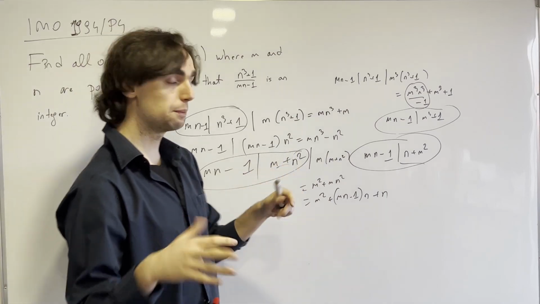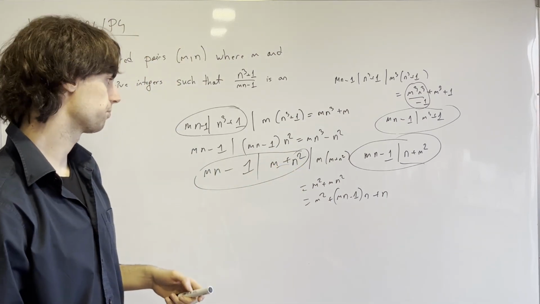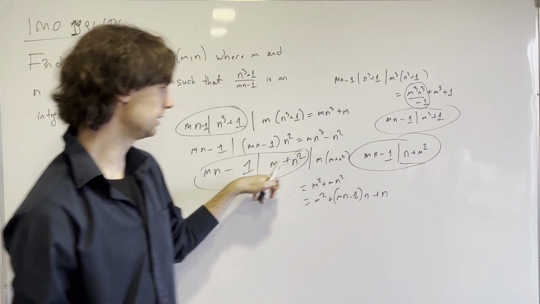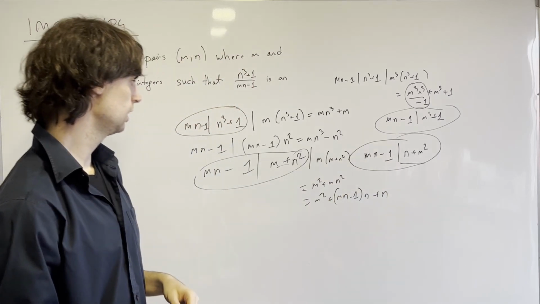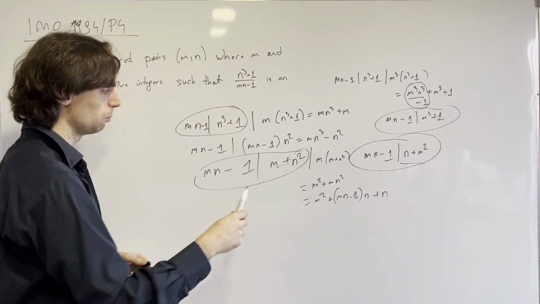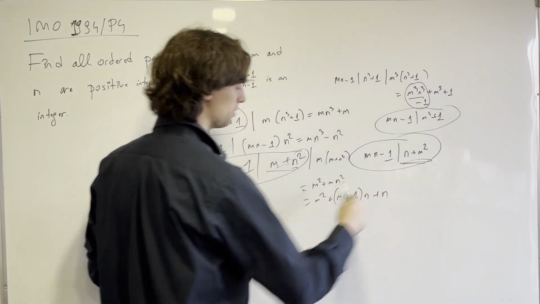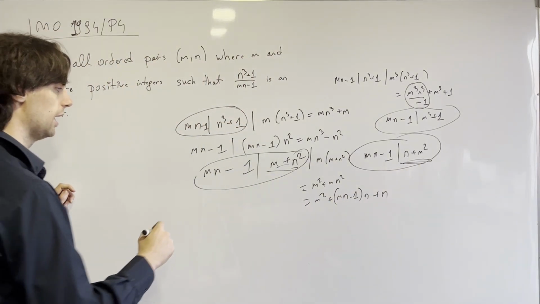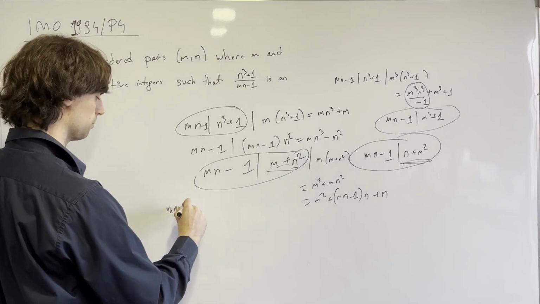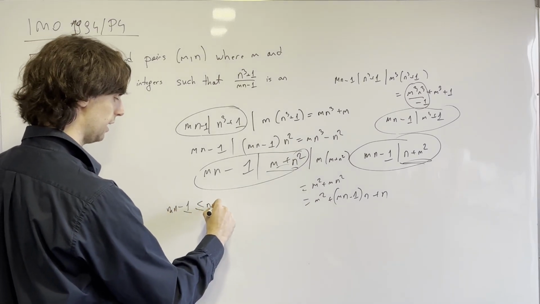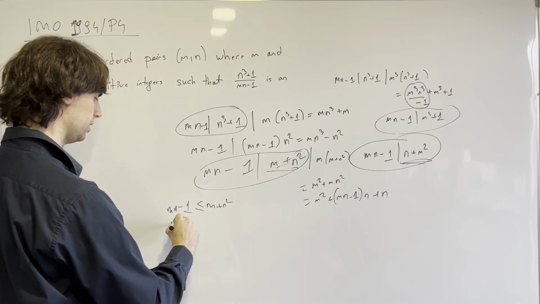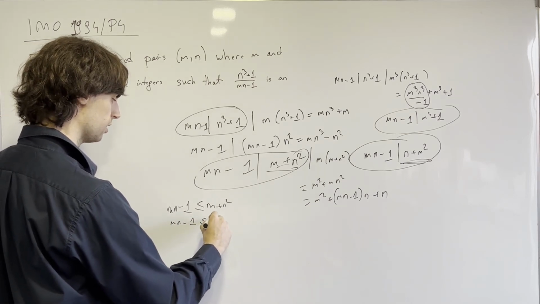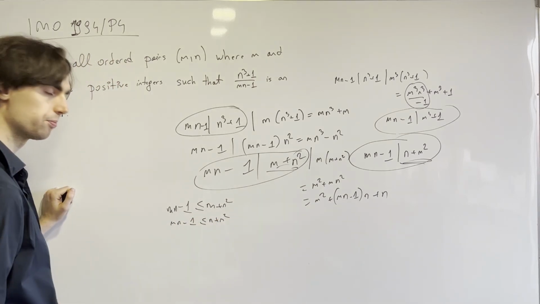n squared is really the big thing on this side. When I have the divisibilities, I have, mind you, both of these are non-negative, these are positive integers. So actually there are two ways to go about this. One is to say, I have this sort of inequality on both sides, n plus m squared.